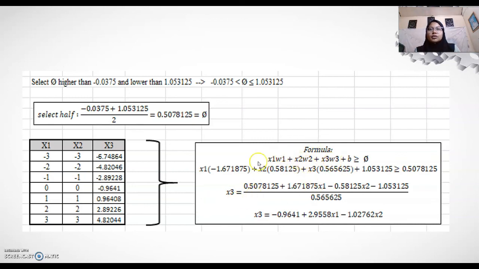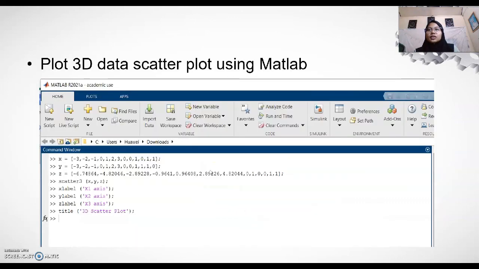After we substitute the values of w1, w2, w3 and b in this formula, we get x3 equal to negative 0.9641 plus 2.955 x1 minus 1.02762 x2. We substitute the values of x1 and x2 into this formula to find x3, and then we get these values. This is the coding.